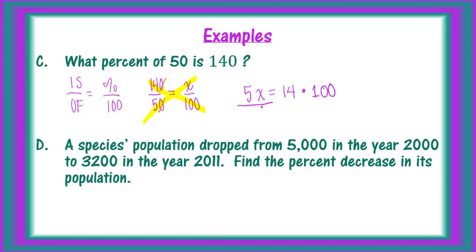I divide both sides by 5. Of course, we know 5 divides into 100, leaving us with 20. 20 times 14 is 280.